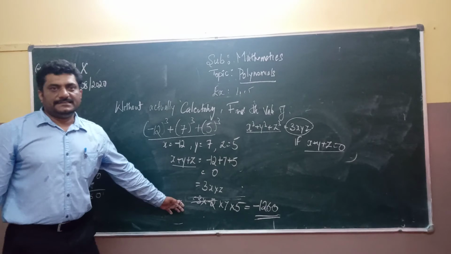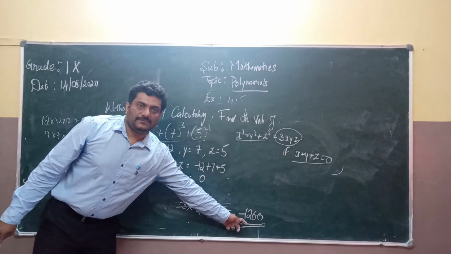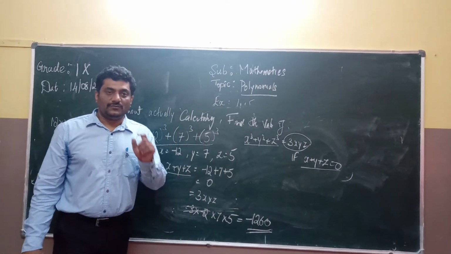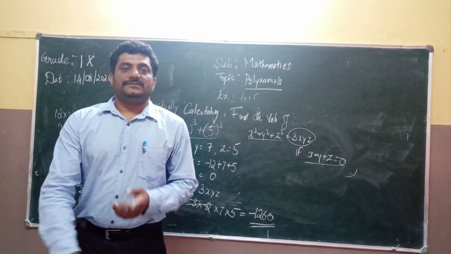So using this identity, the value comes up to minus 1260. Now in this exercise, you have one more problem. I want you to try it out. Okay, if you have any doubts, you can get back to the interactive session.